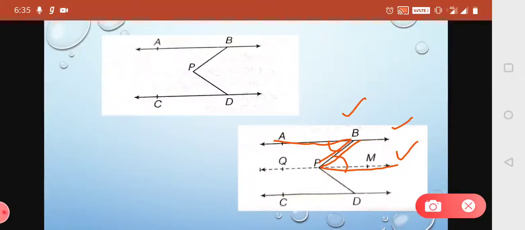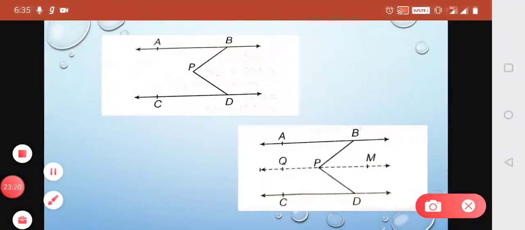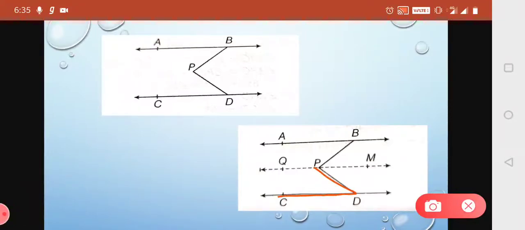Similarly, angle CDP is equal to angle DPM. These both angles again make a pair of alternate interior angles when we take line QM parallel to line CD and PD as transversal.